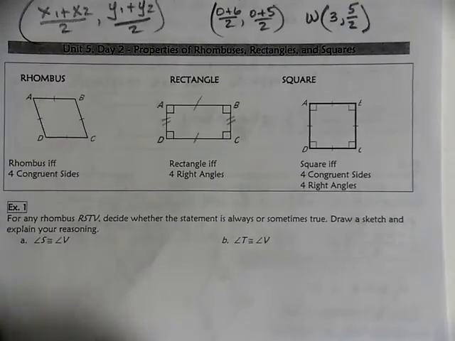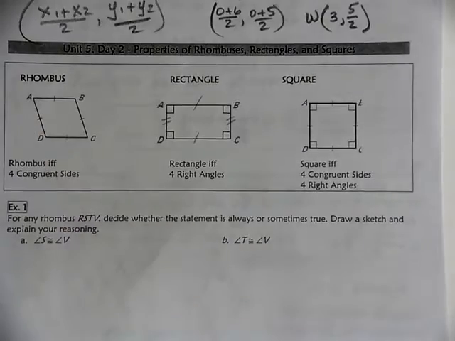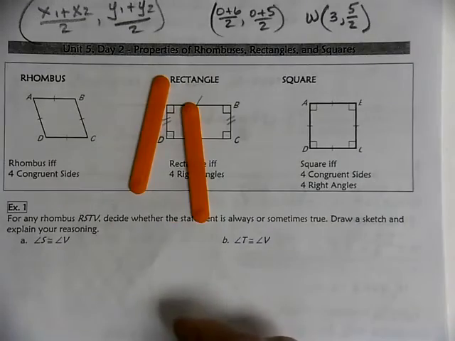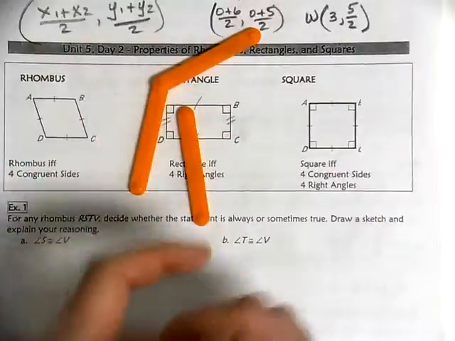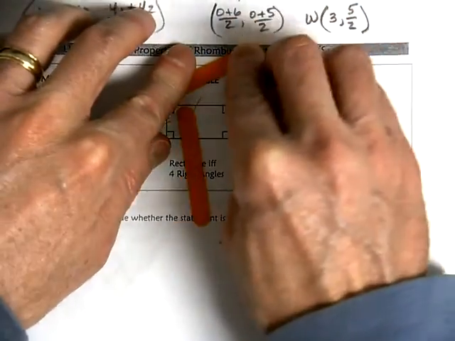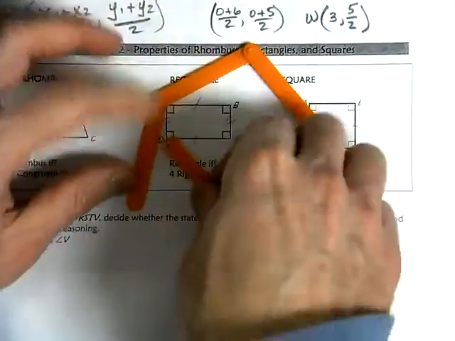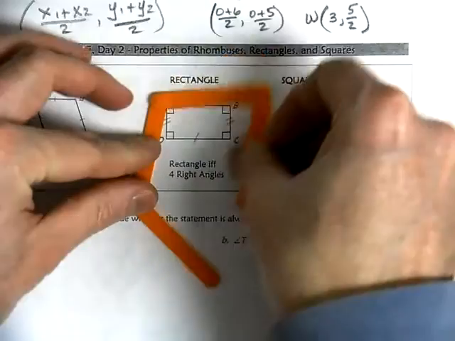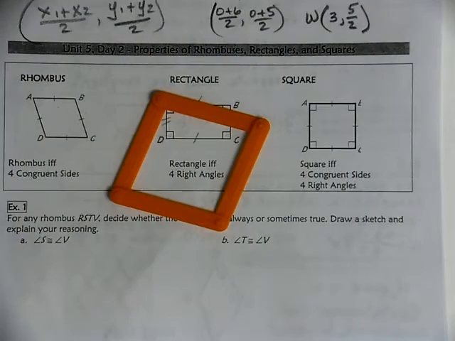A rectangle is only sometimes a square. Now we'll talk about a rhombus. A rhombus has all equal sides. So if we take our sticks and we put them all together, we can create a rhombus.